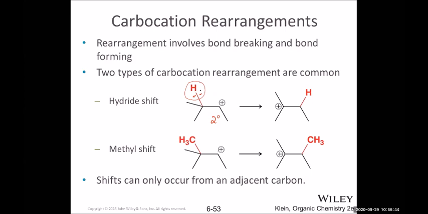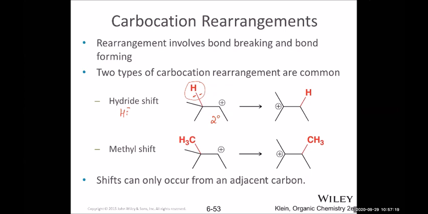Since the hydrogen moves away with 2 electrons, we call it a hydride, because hydride means the hydrogen with a negative charge, which means the hydrogen has an electron pair. This is a hydride shift. The whole hydrogen moves away and relocates to this carbon. And because this carbon loses the hydride, it becomes a carbocation.